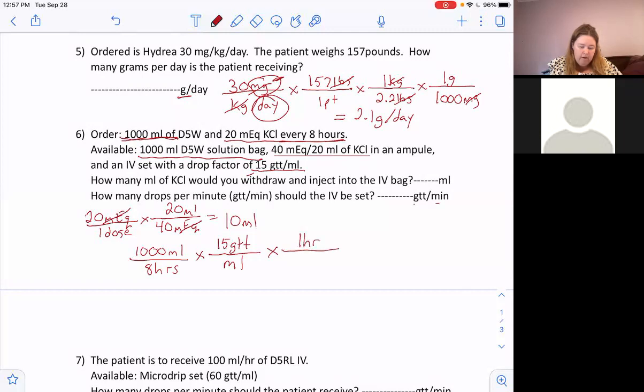So 1 hour is 60 minutes. Our milliliters cross out, our hours cancel, and we're left with 1,000 times 15 divided by 8 divided by 60. And we're left with 31.25, but you can't have a partial drop. So that's going to go to 32 drops per minute.